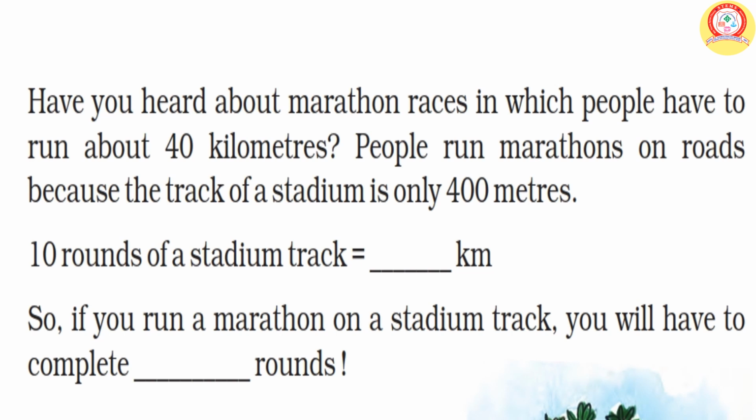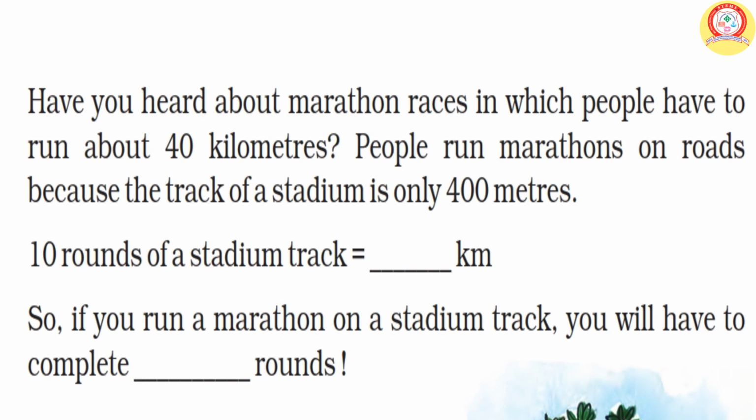So children, people take part in marathon and run on the road because the track in the stadium where people run is only 400 meters. So now they are asking 10 rounds of a stadium track is equal to how much kilometer? So children, 1 round is equal to 400 meter.